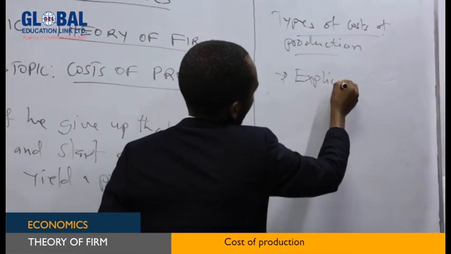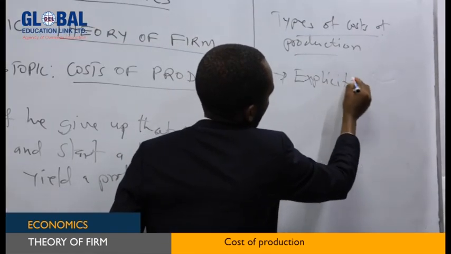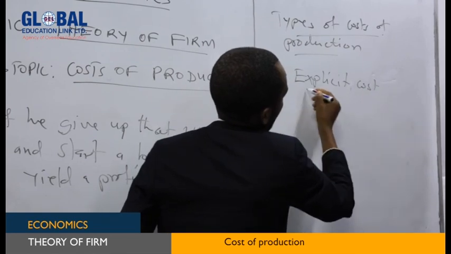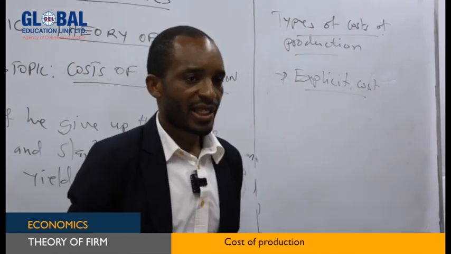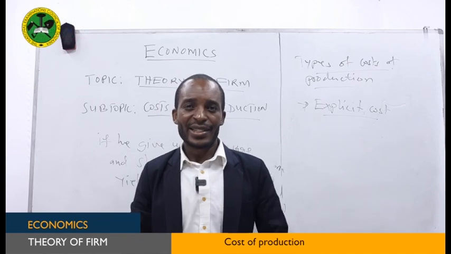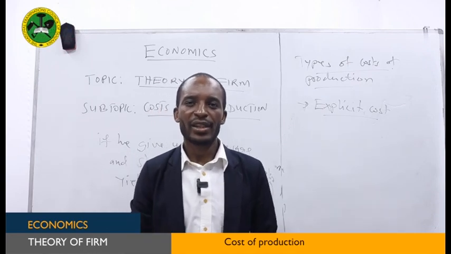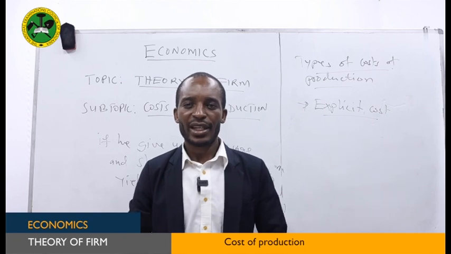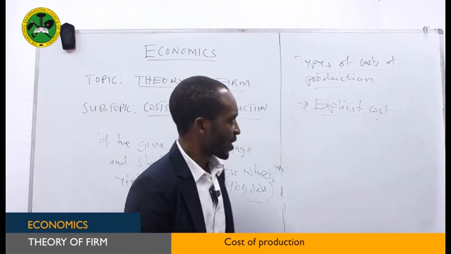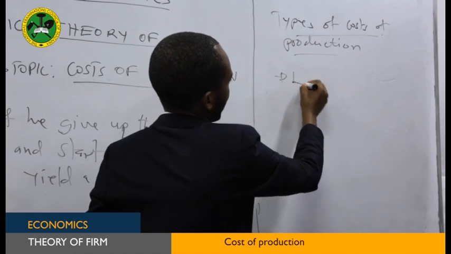Explicit costs are expenses or the actual money a businessman pays to buy inputs during the production process.